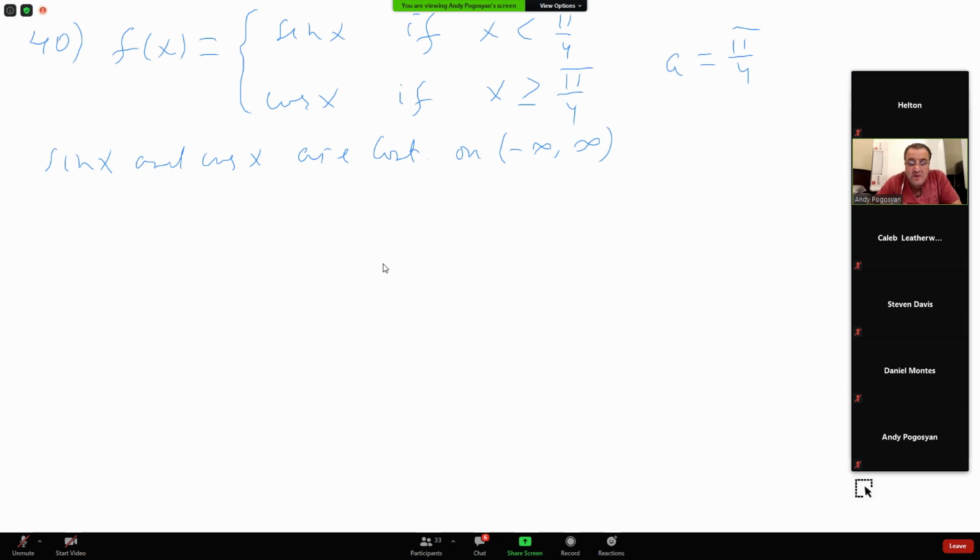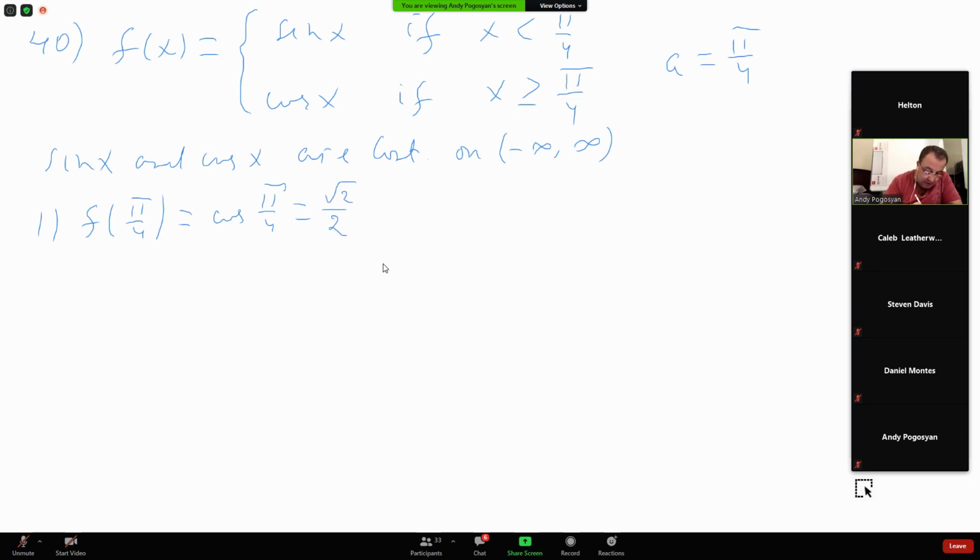Now, the question is if those two parts are connected to each other or not. So if there is a discontinuity, it should happen only at this point. So first, f of pi over 4 equals, see, x is greater than or equal to pi over 4, it's cosine x. It's cosine pi over 4, which is square root 2 over 2.